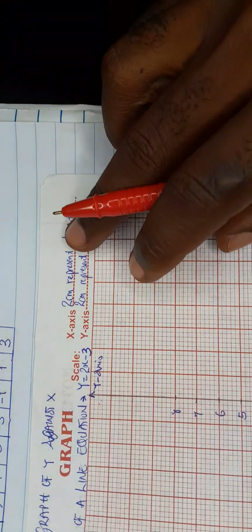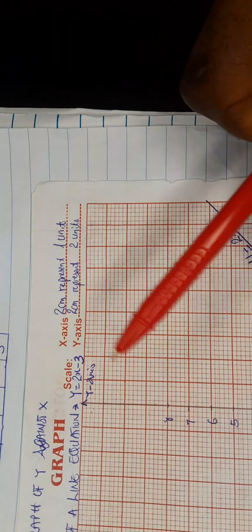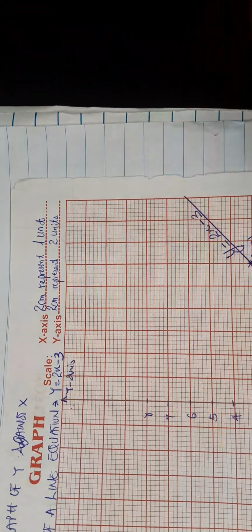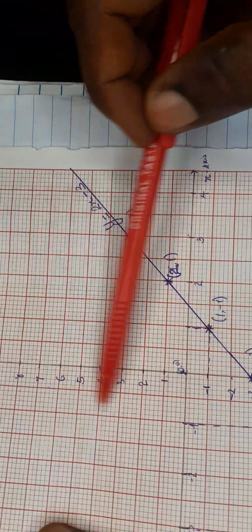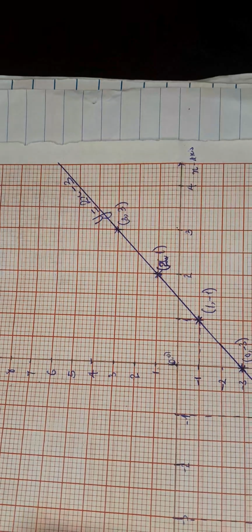All right, so we have our scale. If you don't understand, just try to listen to the video and watch the video again. So we talked about axes. From our scale we got these values. And then the next thing we considered was the coordinates.